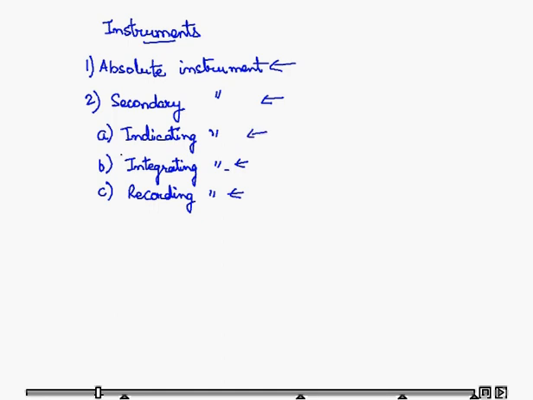Examples of indicating instruments are simple ammeter, voltmeter, etc. Example of integrating instrument is the energy meter in our house.